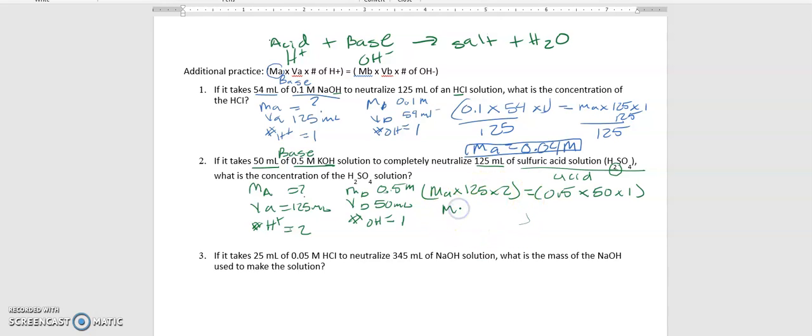So MA times 250 equals 0.5 times 50. I didn't multiply by 1 because whatever I get, I'll get the same. So I'm going to divide both sides by 250, and you should get that your molarity is 0.1.